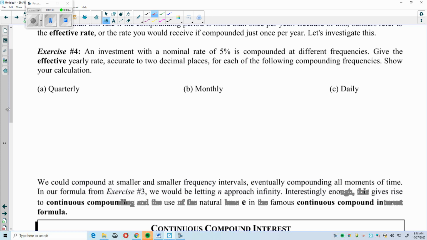We're going to give the effective yearly rate, accurate to 2 decimal places, for each of the following compounding frequencies. So we have a 5% rate, and we're going to compound it quarterly. So think about, this is that parenthesis part of that formula. So we have that 1 plus and our rate. Our rate, 5%, would be 0.05 as a decimal. And if we're compounding this quarterly, I need to divide that by 4.